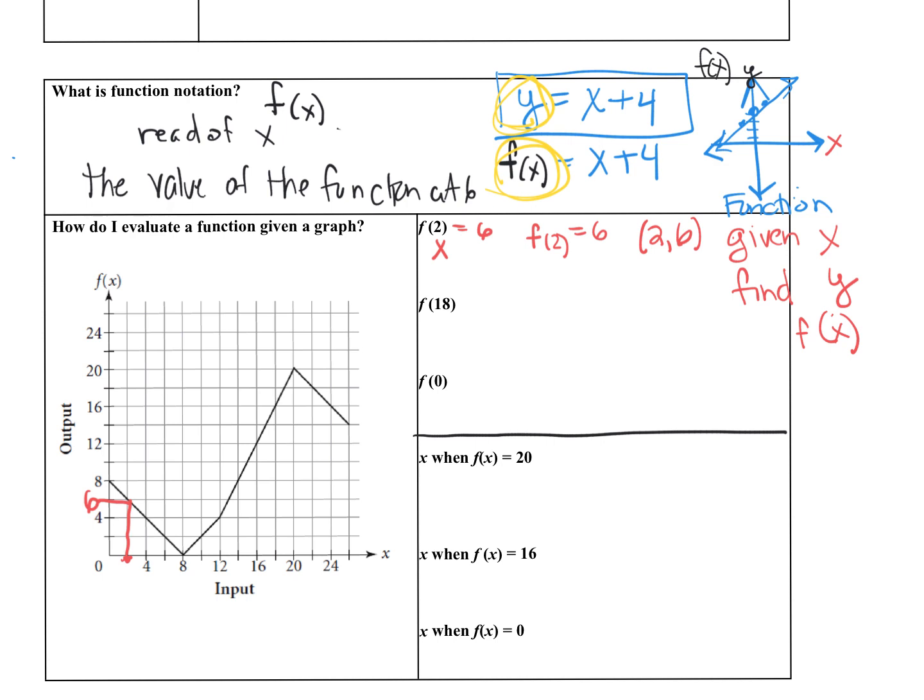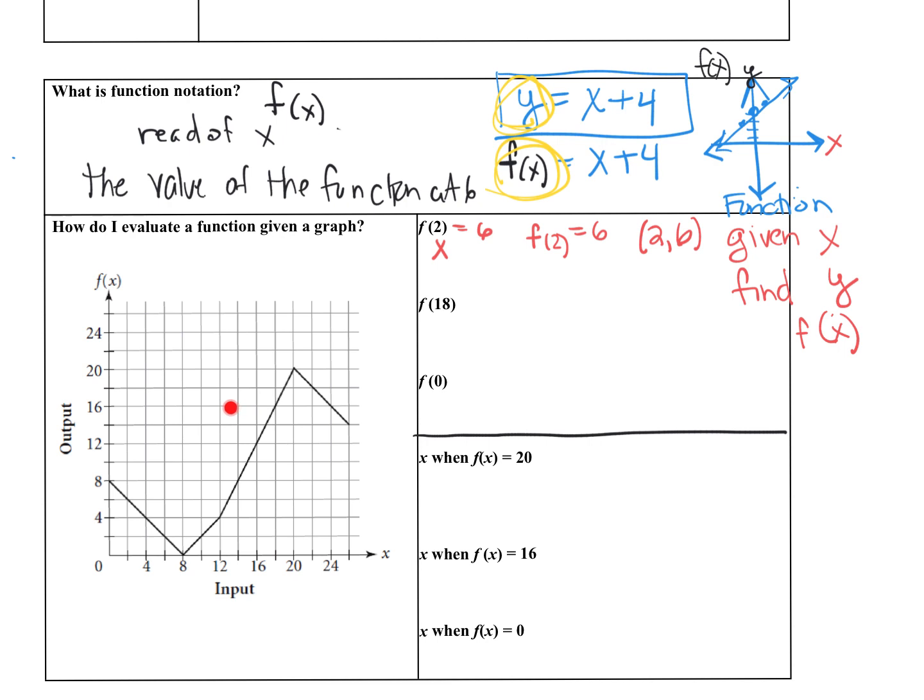Okay, let's try another one. If we look at the next one here, it asks us to find when x is 18. So what is the value of y when x is 18? We're going to go over to where x is 18, right here, and go up to the line, to the graph. That segment happens to be a line.